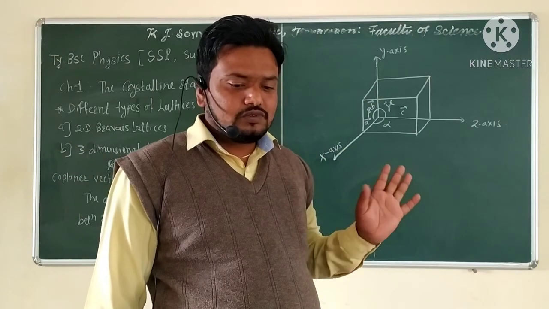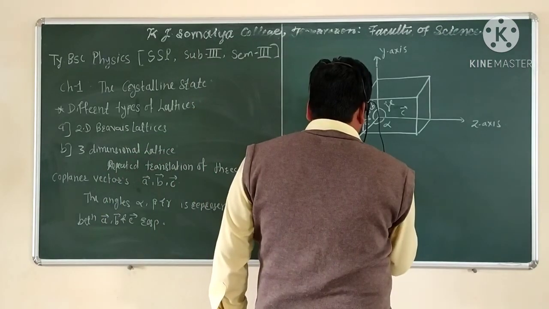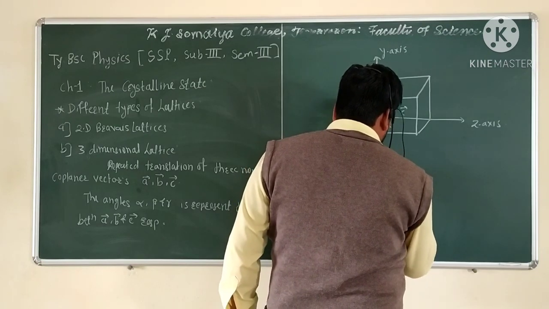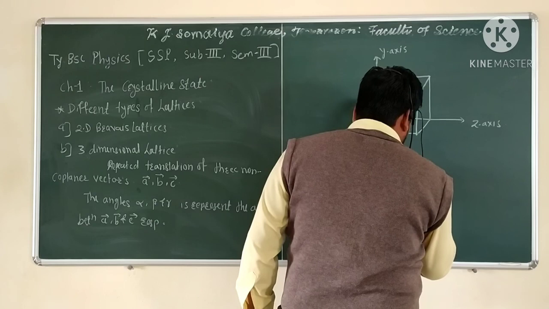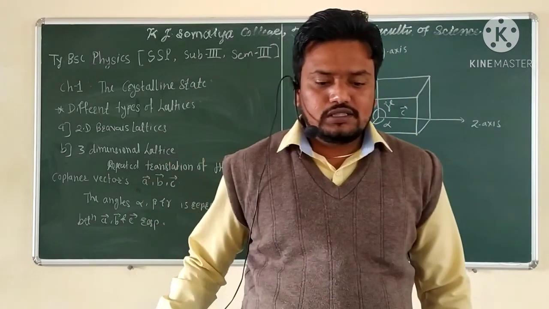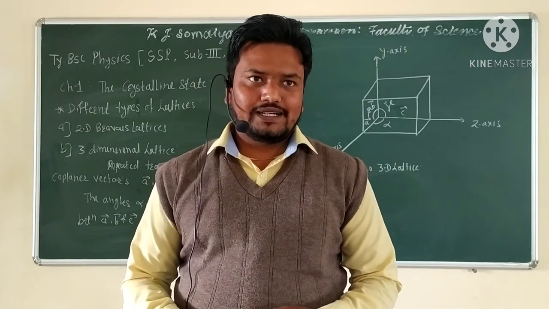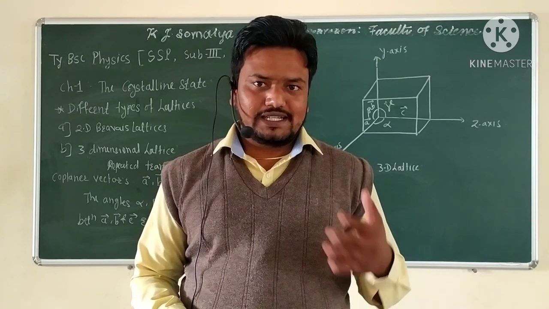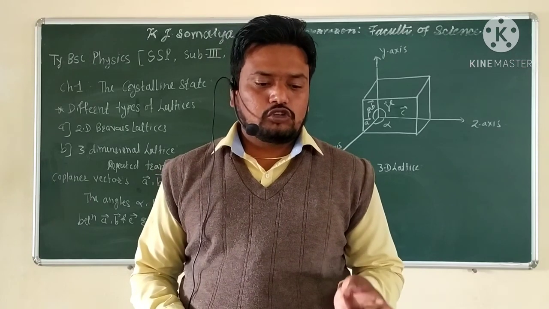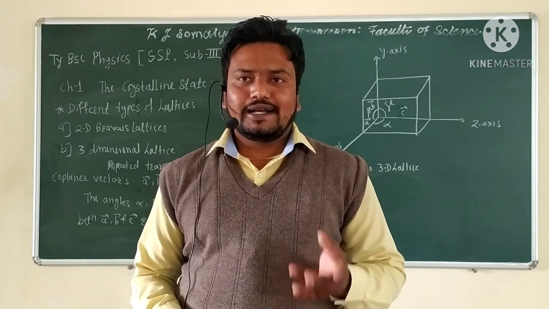So this structure is considered as the three-dimensional lattice structure, figure 1.20. All crystals may be classified into the following seven systems: cubic, tetragonal, orthorhombic, rhombohedral, hexagonal, monoclinic, and triclinic.